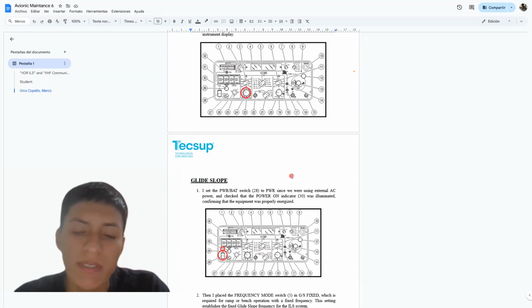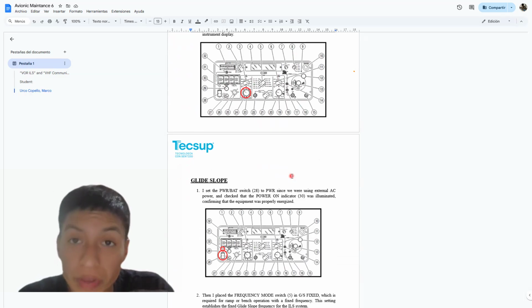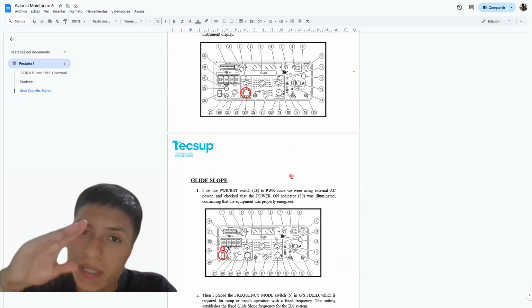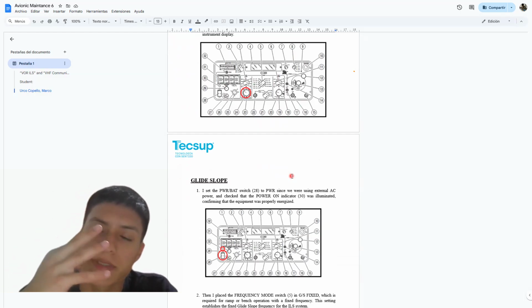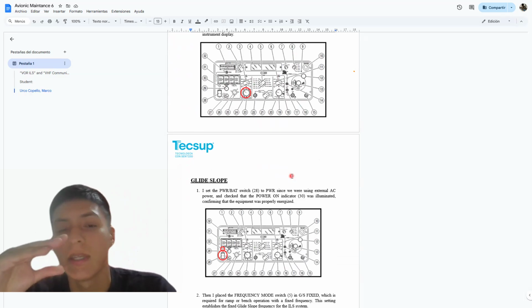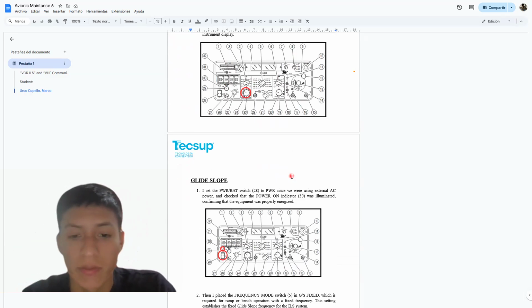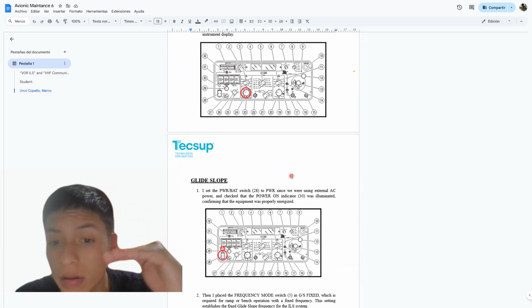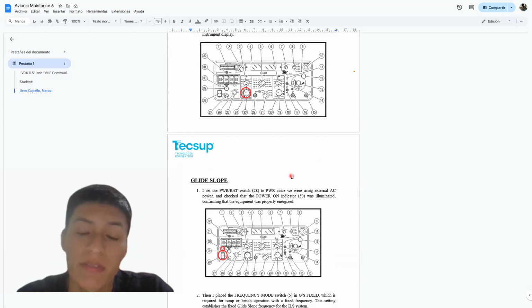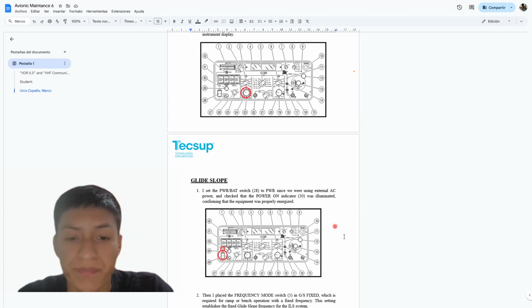What is the glide slope? The glide slope, on the other hand, operates in the UHF band and provides vertical guidance, aligning the aircraft with the runway to maintain the correct descent angle, which is normally three degrees.